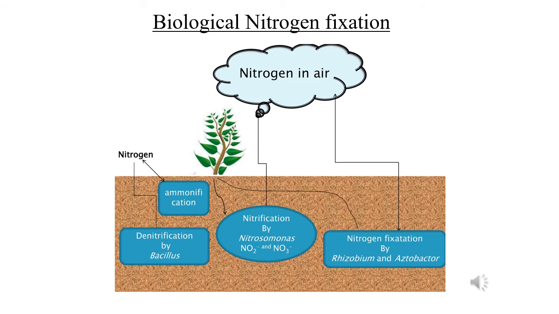Now, this nitrogen is absorbed by the plant, and the bacteria which help to convert the atmospheric nitrogen are also able to survive in the roots of the leguminous plants.